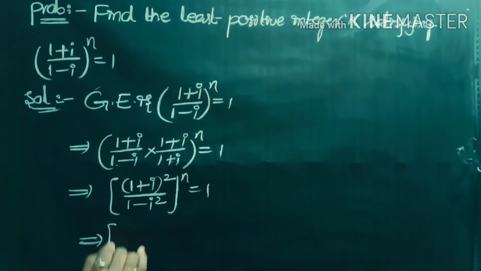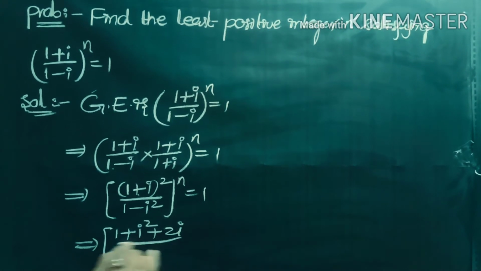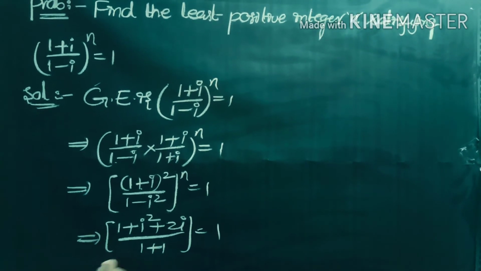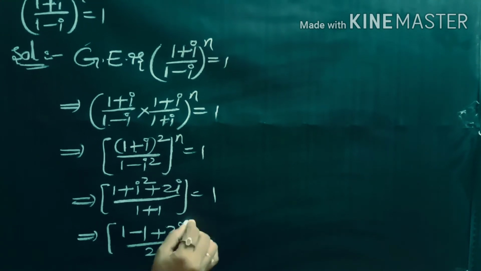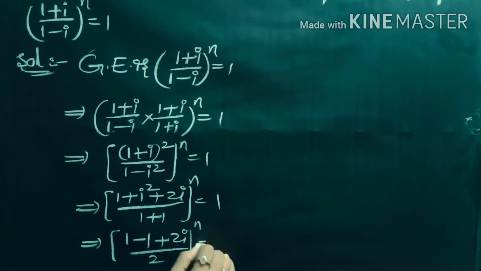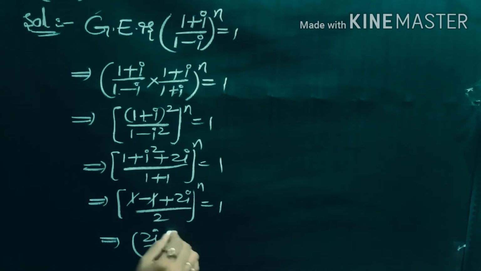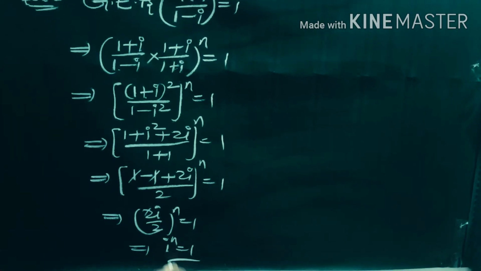Now taking the expansion, (1 + i² + 2i)/(1 + 1), i² is equal to -1, so (1 - 1 + 2i)/2, whole power n is equal to 1, that is (2i/2)^n is equal to 1, that is i^n is equal to 1.